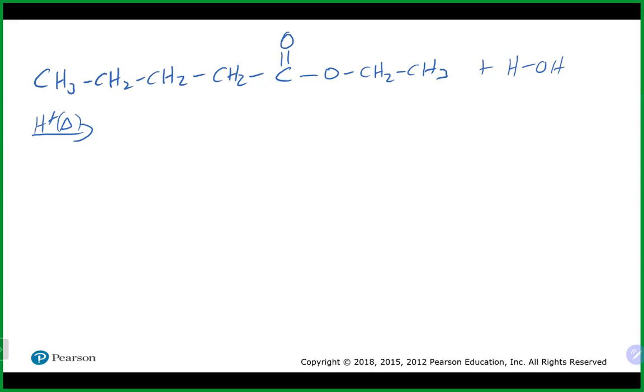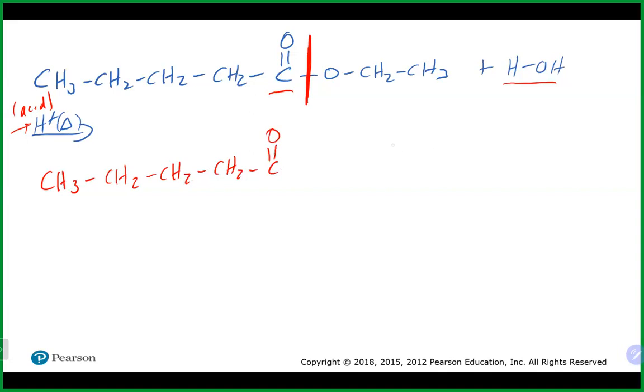Okay, let's take a look. So we see water, we see an ester, we see acidic conditions. So all we have to worry about is, I know it should break apart right there. And again, you could just start by redrawing the parts there. Once again, I'm not going to change anything other than redrawing what was there.